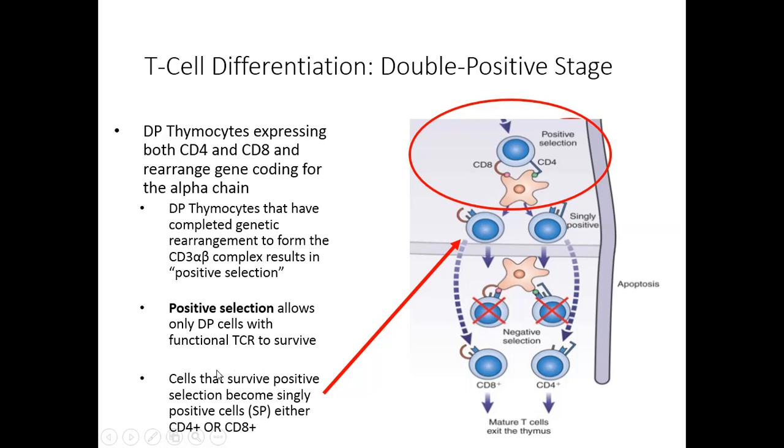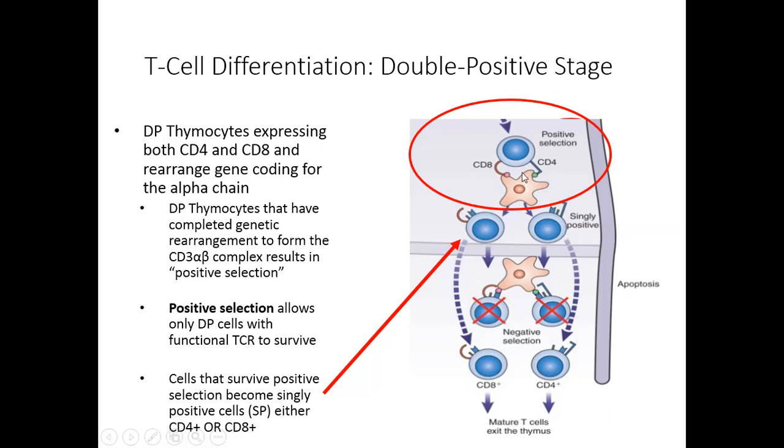If a cell survives this positive selection to show that it has a functional T cell receptor, we say that it ends up losing one or the other of these markers. We lose either the CD4 or the CD8, and the cell becomes what we call singly positive.